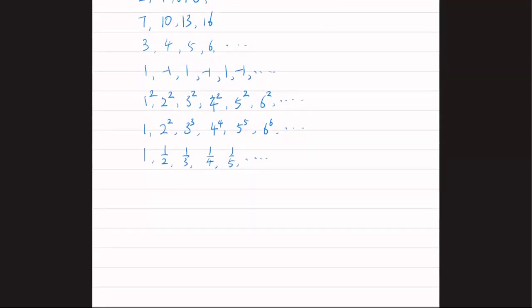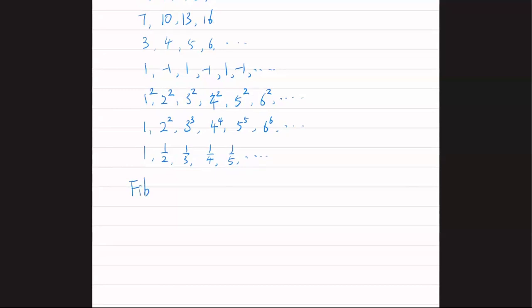Another construction of a sequence, and I'm sure all of you have seen it before, Fibonacci. Okay, Sophia, have you heard of this before, Fibonacci? Yeah. So how is it defined?